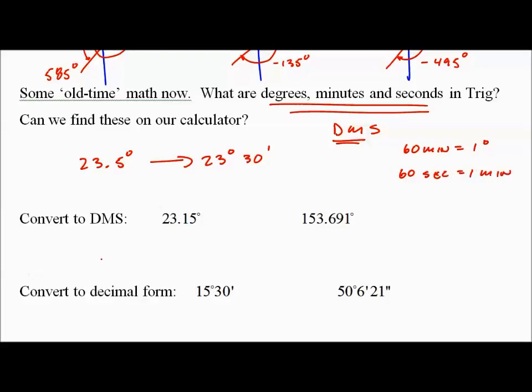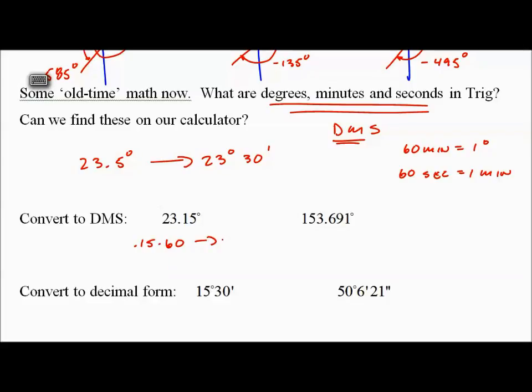So how do I convert to DMS? Well, that's 23 plus, I go 0.15 times 60. I'm doing that on my calculator off to the side. We'll leave it at that for now. I get 9.